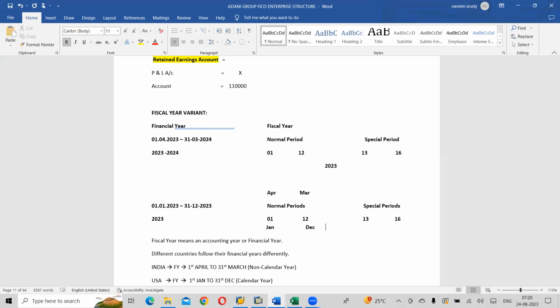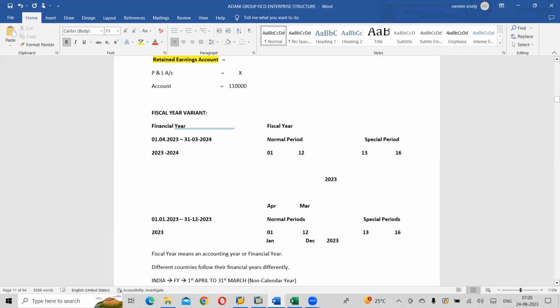We will call it the same 2023 fiscal year. And here it is April to March.